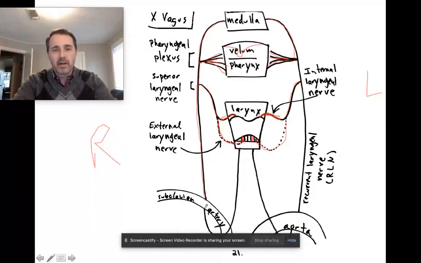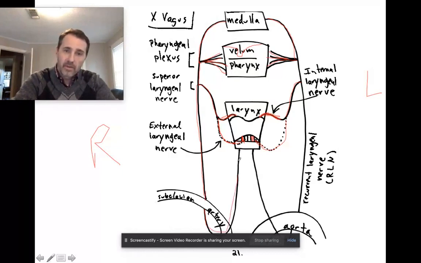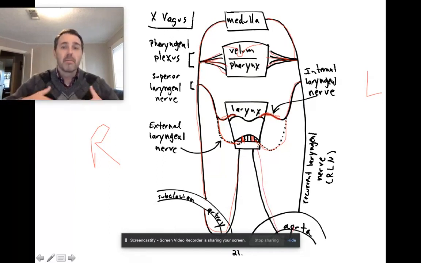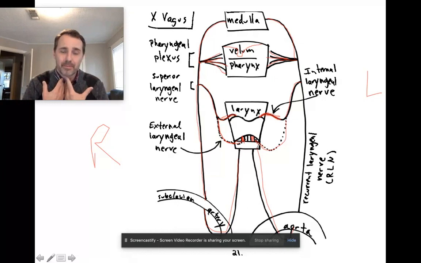The main branch of the vagus at this point is going to turn, and this is called the recurrent laryngeal nerve. It is going to recur back into the neck. So that's the recurrent laryngeal nerve, or the RLN. The RLN innervates all the intrinsic muscles of the larynx that aren't the cricothyroid, so all the adductors and abductors.